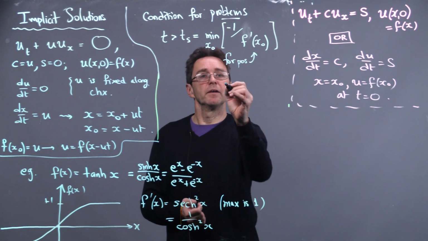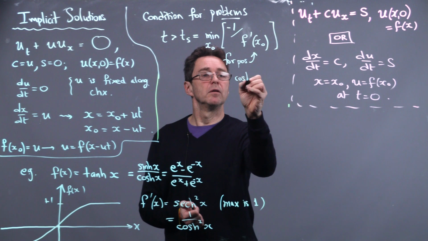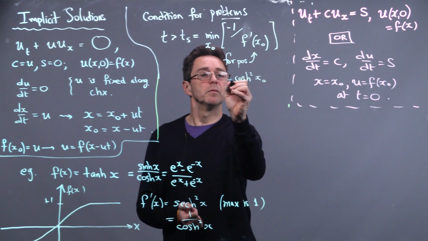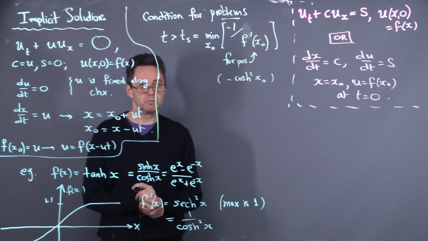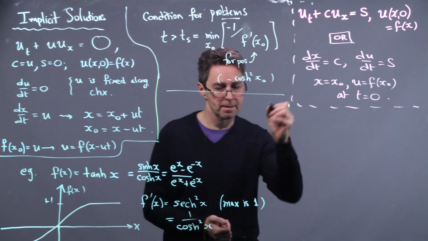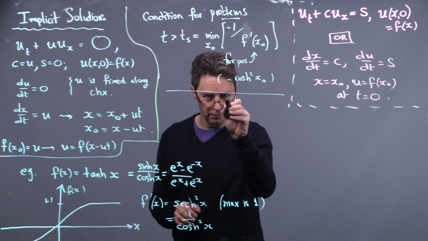So here, that thing is just cosh squared of x naught with a minus sign. So that doesn't give us a positive time, so we don't have to worry about it. So that's what I already said before.